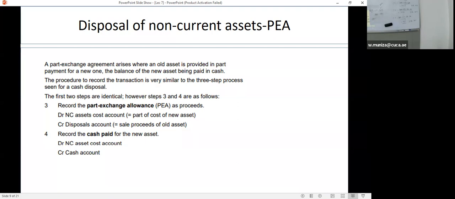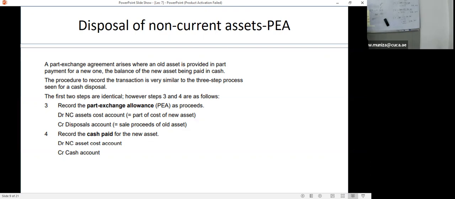First three accounting entries are passed together with these two accounting entries whenever there is part exchange. So what two accounting entries are these now? Debit non-current asset account, credit disposal account. This is being passed for the asset which has been purchased. Debit non-current asset cost account, credit disposal account.